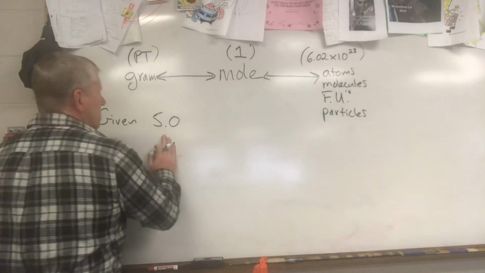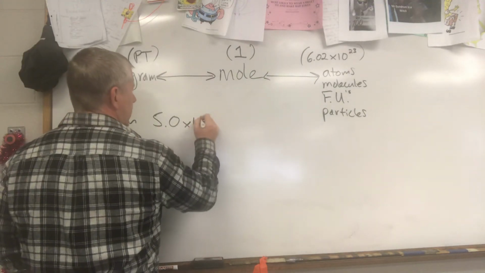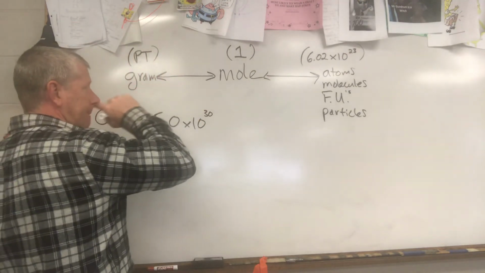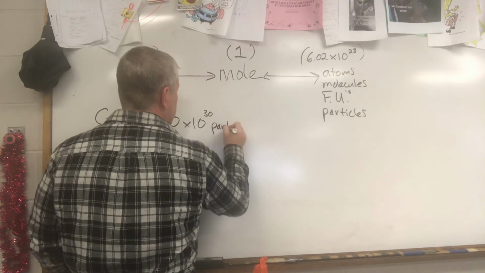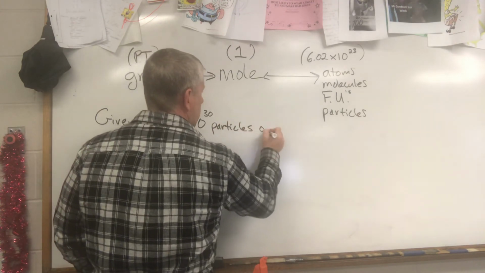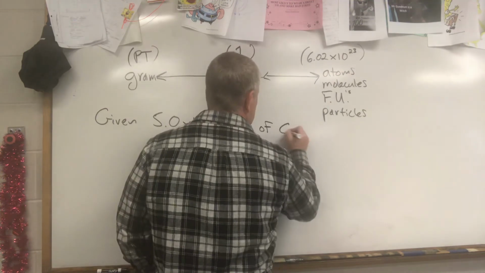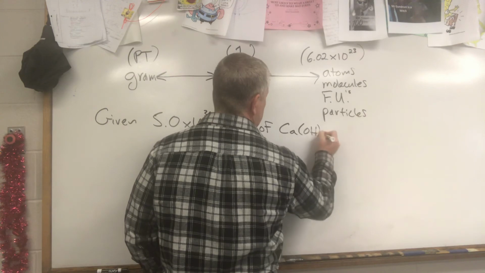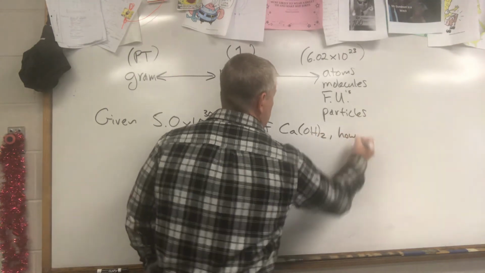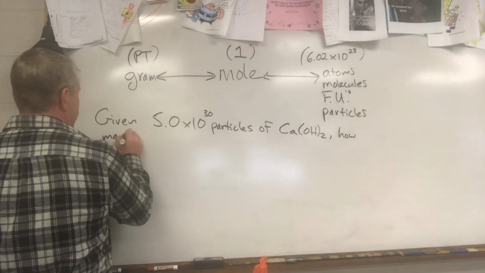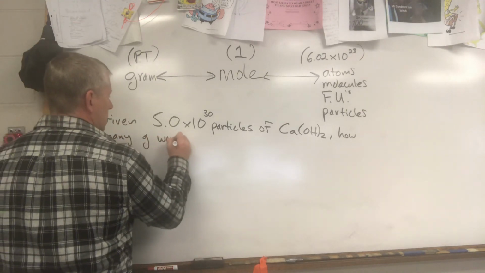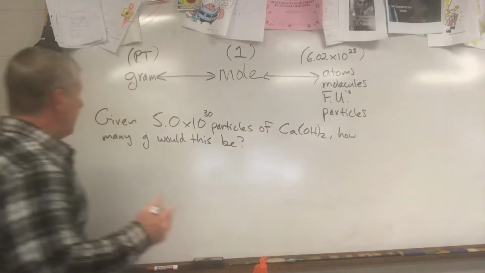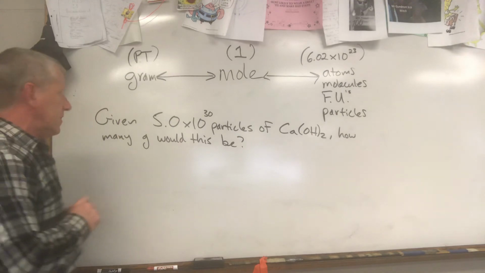Okay, so given 5.0 times 10 to the 30th particles of calcium hydroxide, how many grams would this be?